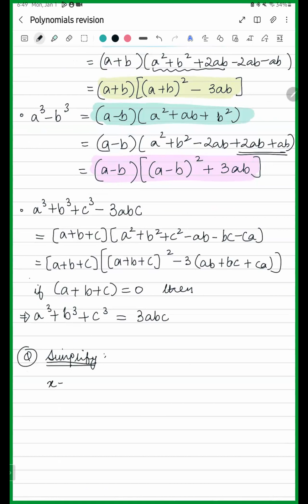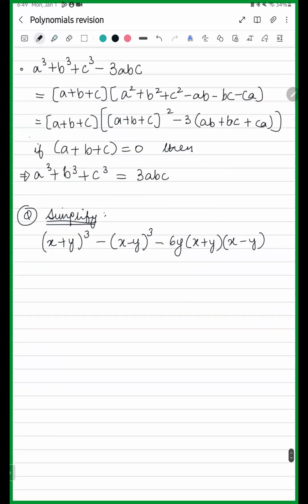Simplify x plus y whole cubed minus x minus y whole cubed minus 6y into x plus y into x minus y. So we can just simply expand these.